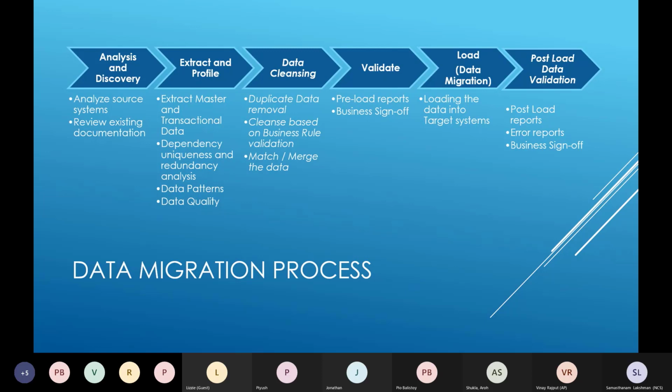And while loading data to the target system, how many errors occurred, and whether they have to be solved and reloaded. Once this is done, we can get the business sign off. So this is the overall data migration process. In most data migration projects, these are the steps we follow.